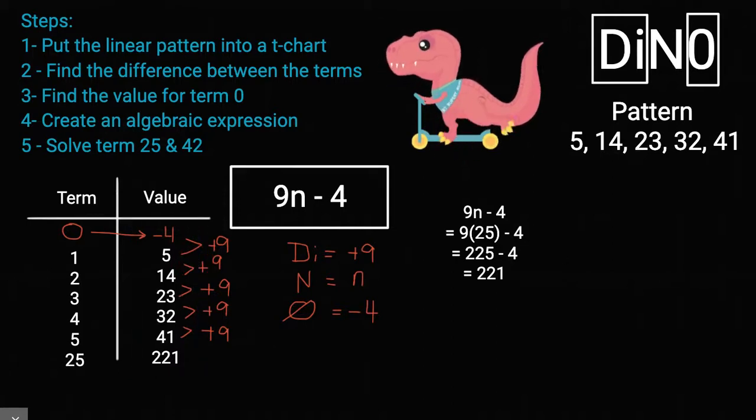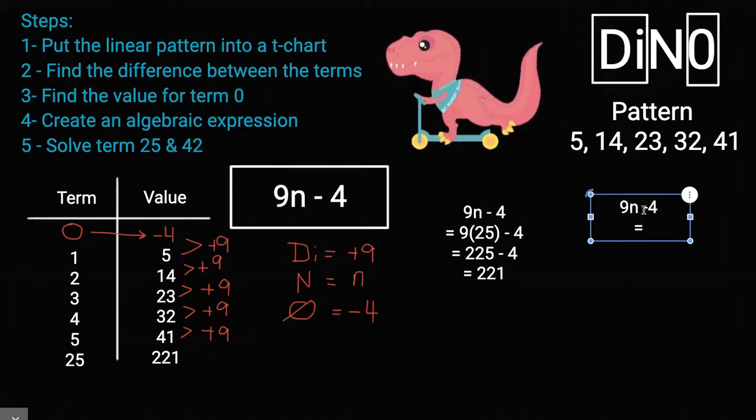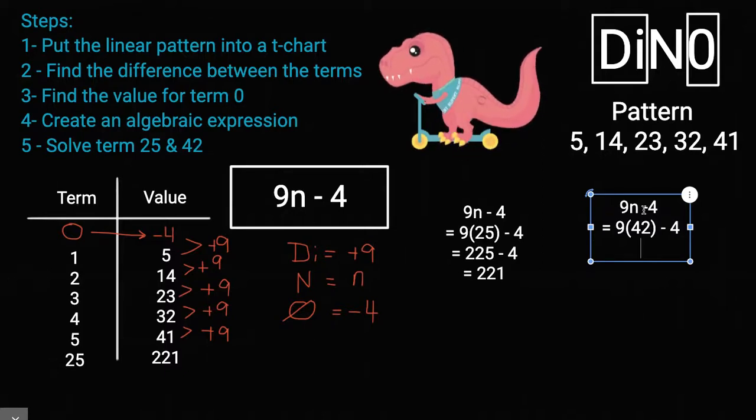Okay, and now we're solving for term 42. Again, I start with my expression, 9n minus 4 equals, I'm just replacing my variable with the term I'm looking for, 9 times 42 minus 4. 9 times 42 is 378 minus 4.